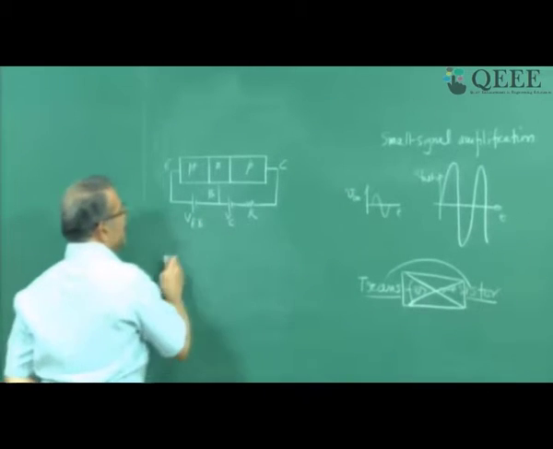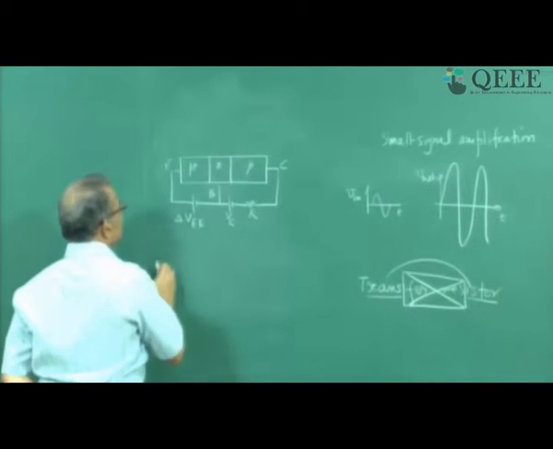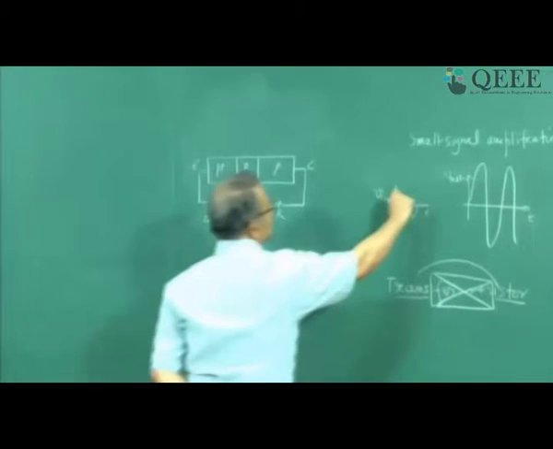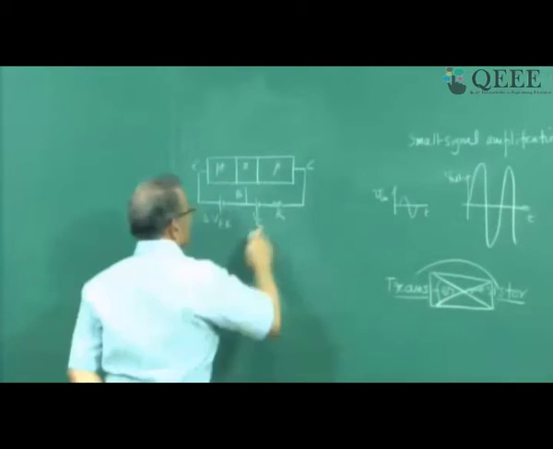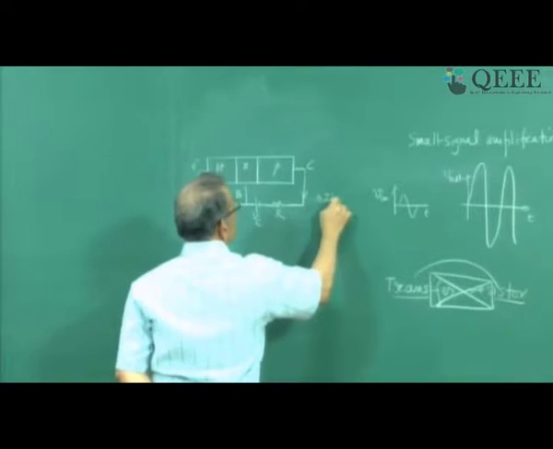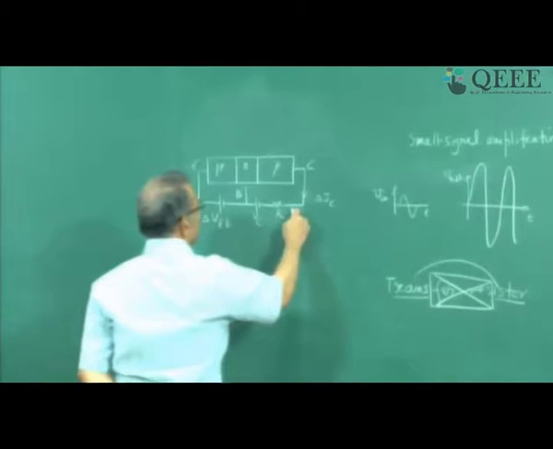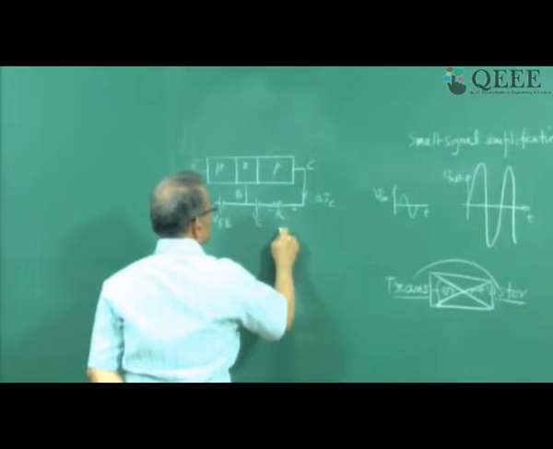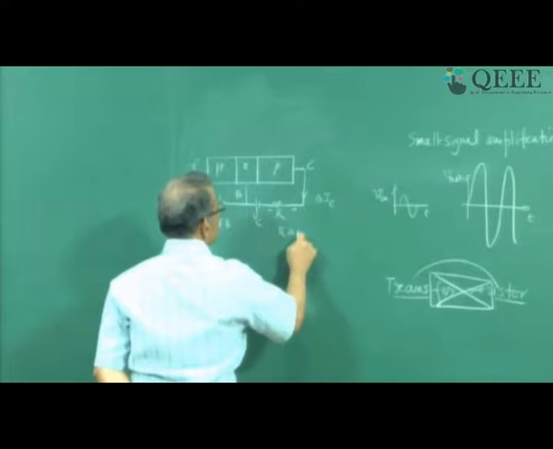Suppose I make a change in VEB, let us say this is delta VEB change, then I will get a change in the current, so delta IC, and therefore I will get a change in the voltage across this, that will be R into delta IC.